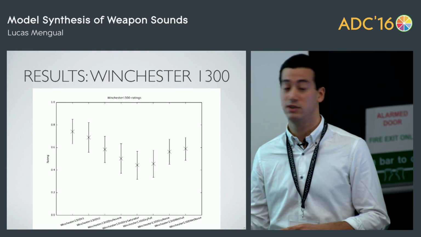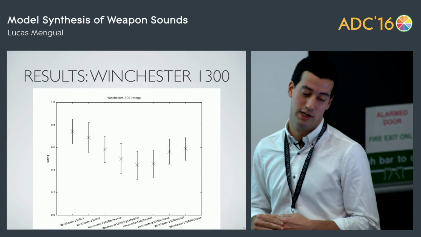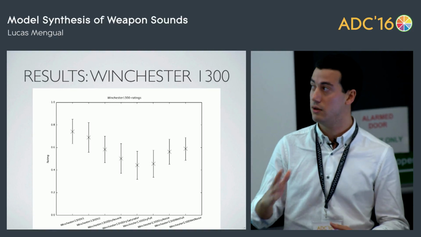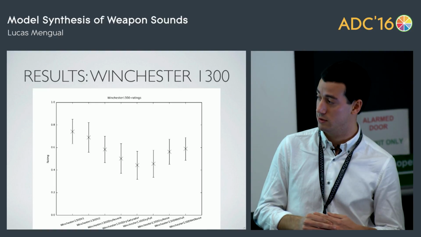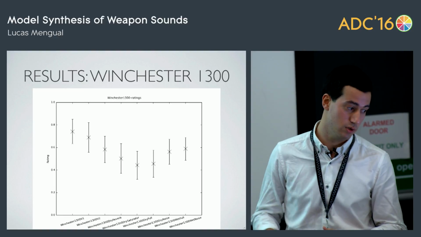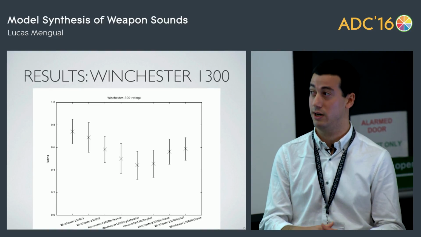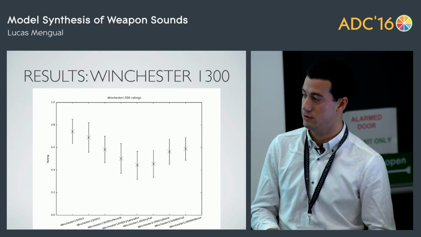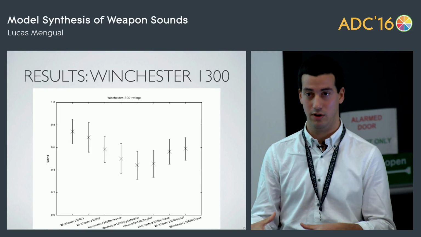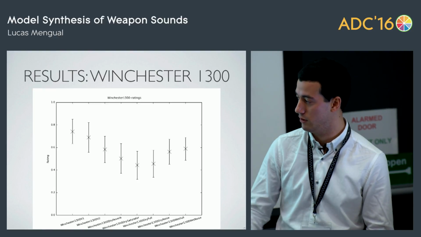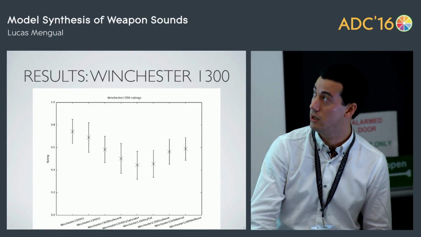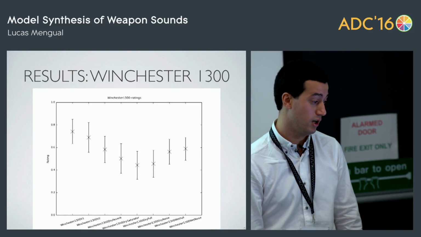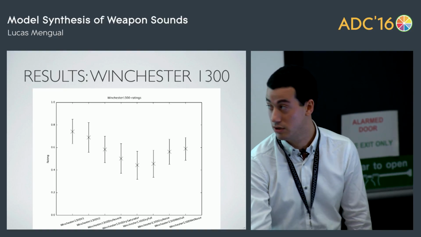Another thing for this one, and not for the other guns: instead of shaping the envelope of a normal noise, I used a pink noise, because I didn't want a lot of the high frequencies. As I said, Winchester is more famous for their low end rather than high end. And yeah, the results came out okay, average, I believe.